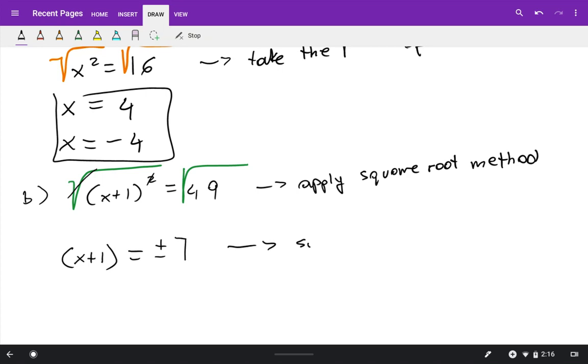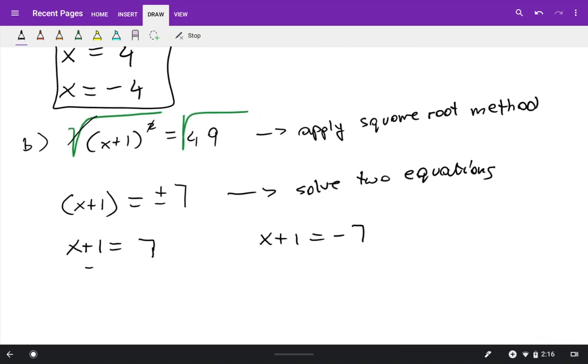So now just solve two equations. x plus 1 equals 7, and x plus 1 equals negative 7. So we subtract 1 from both sides and you end up with x equals 6. Here also we subtract 1 from both sides, we end up with x equals negative 8.